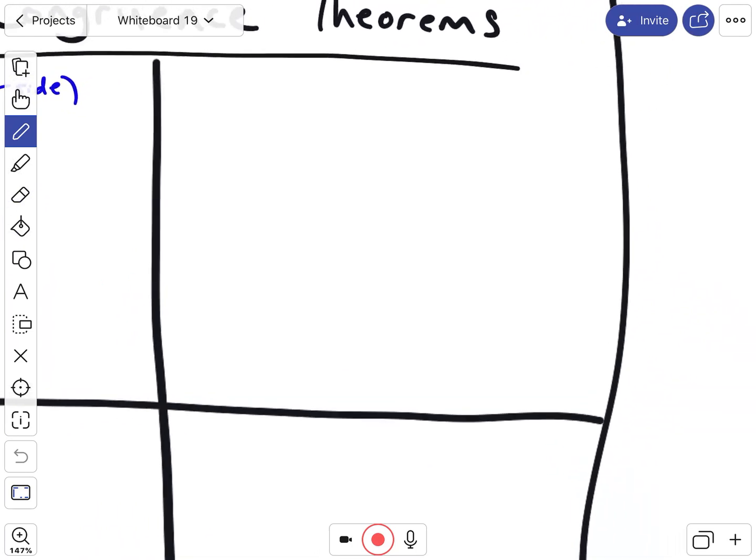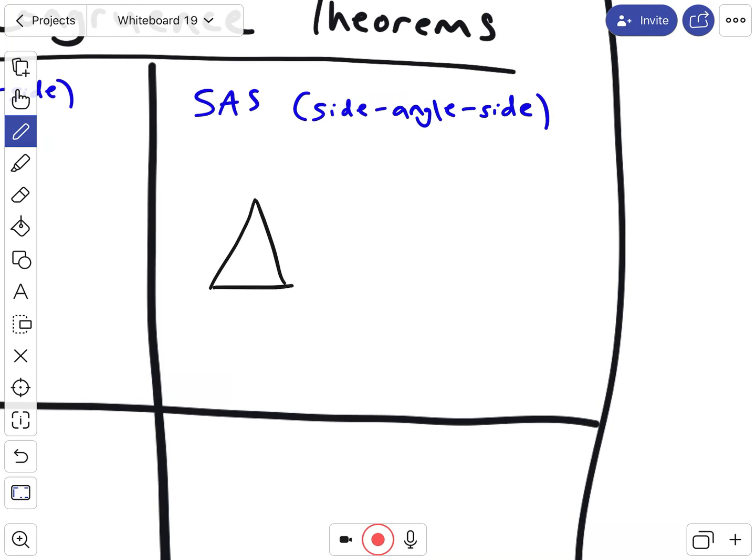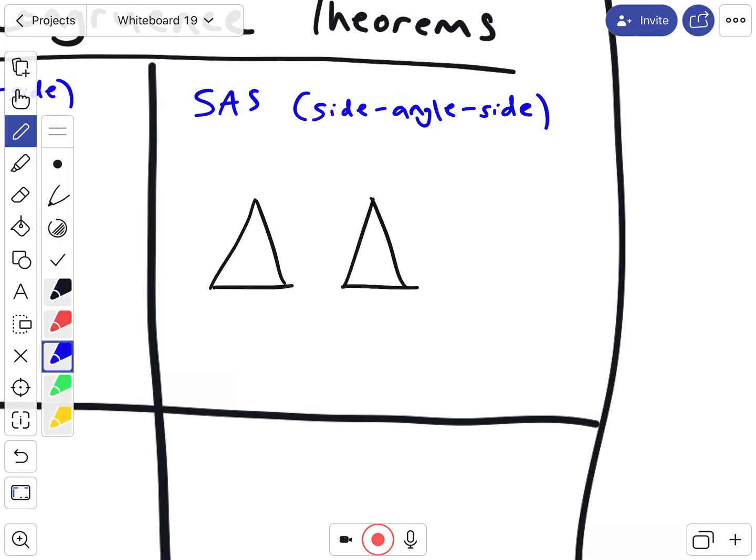The next one is going to be SAS, which stands for side, angle, side. And again, go ahead and draw just the best you can 2 congruent triangles. You want to start with the side, and then do another side.